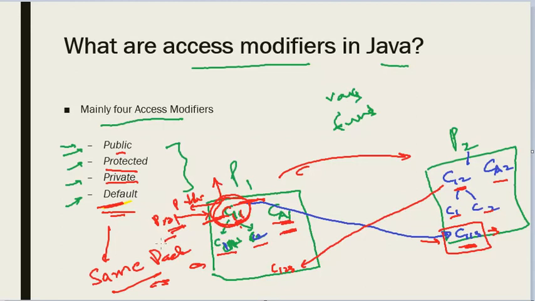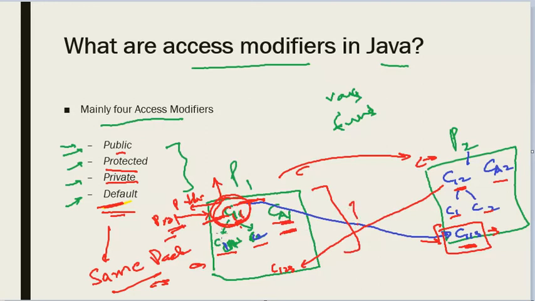In the other package, no class can access the default member of this class in P1, because even if it's a child of a P1 class in the P2 package, doesn't matter, default is only for this package.